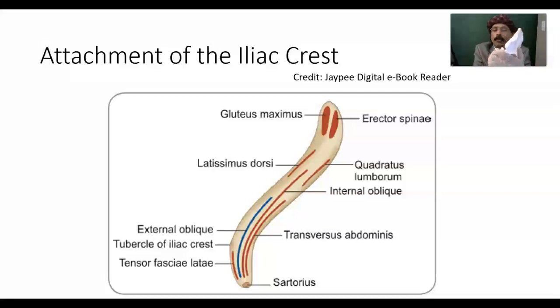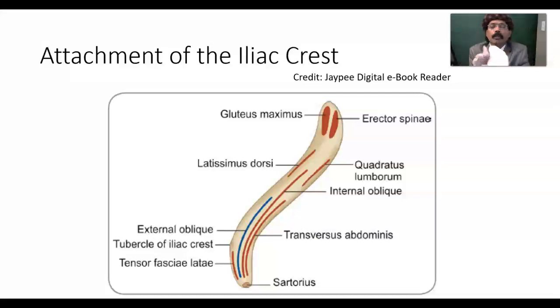This is the pelvic surface. This is the sacroiliac surface, the auricular surface here. This part is called the ischial tuberosity.